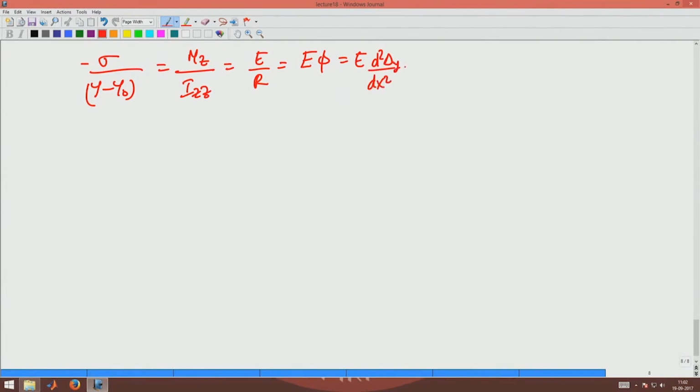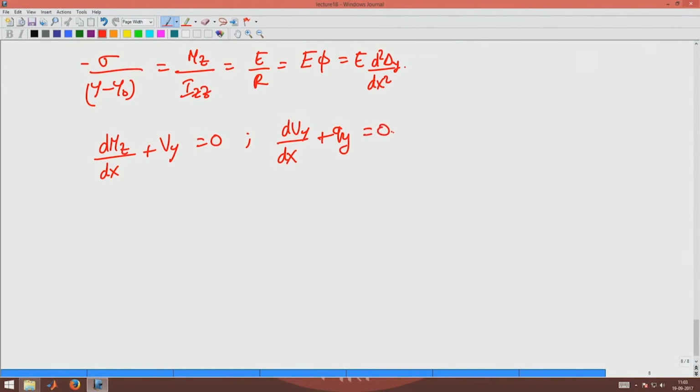And then we have two more governing equations: dMz by dx plus Vy equal to 0, and dVy by dx plus qy equal to 0.